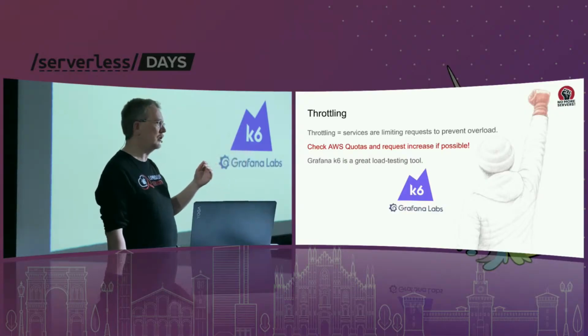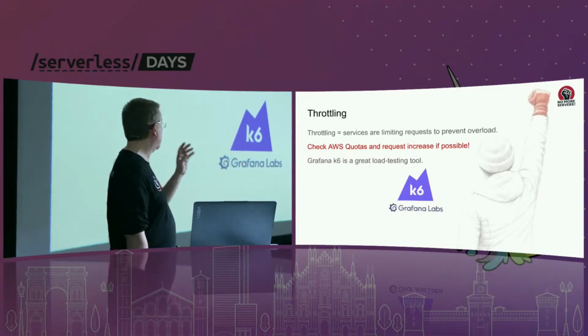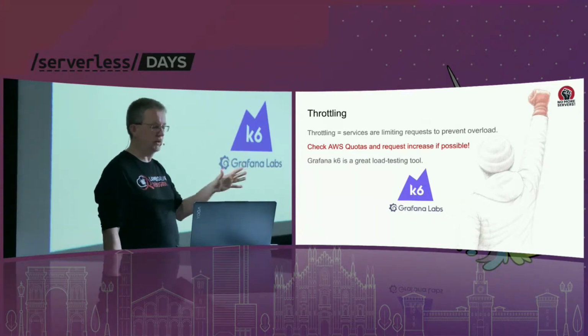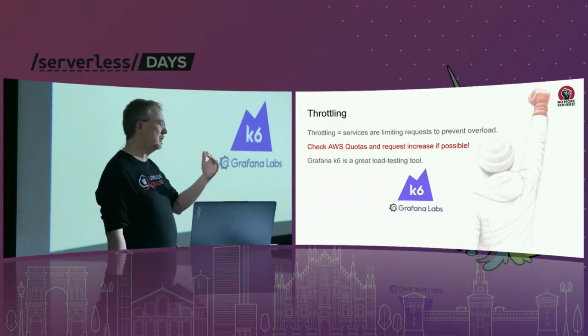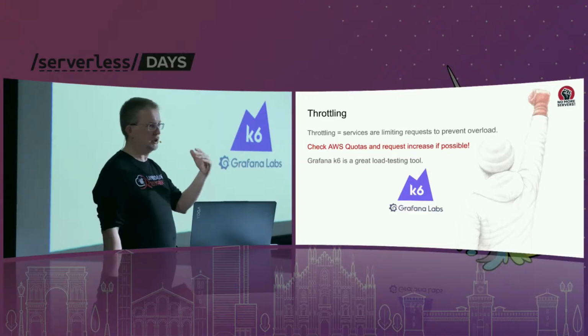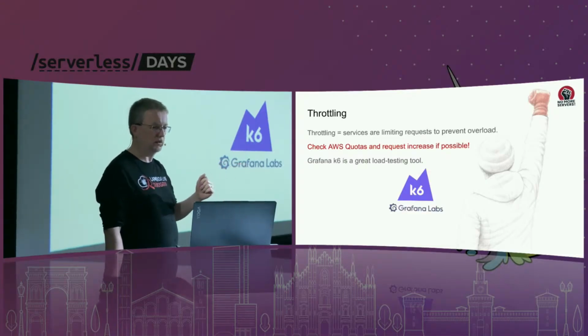So I strongly recommend you to do load testing. And Grafana k6 is an amazing tool for that, especially because you can write tests in JavaScript. Simple to use, very efficient.